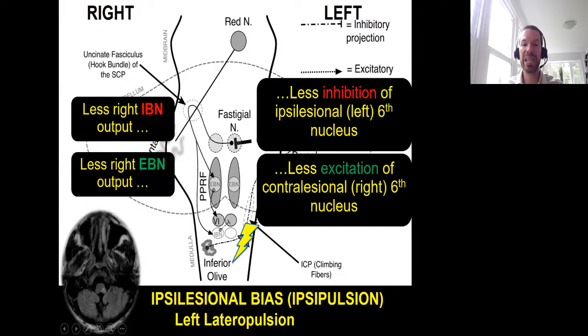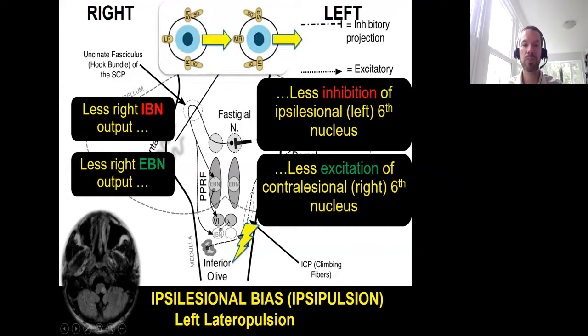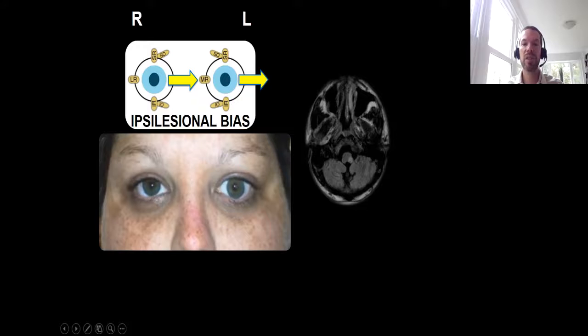Oftentimes, because of the ICP disruption, patients will have hemiataxia on the left side of their bodies. They'll also have lateral pulsion when they're trying to walk. They will lean or veer toward the left side, in the same direction as the ipsipulsion or the ocular lateral pulsion. So everything is in the same direction. Here's another example.